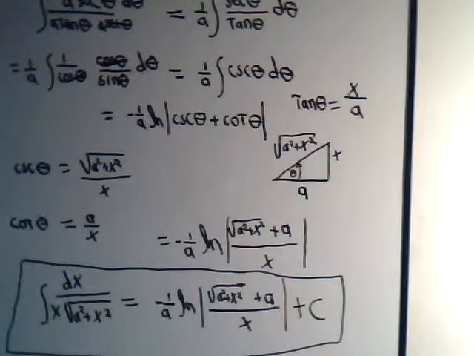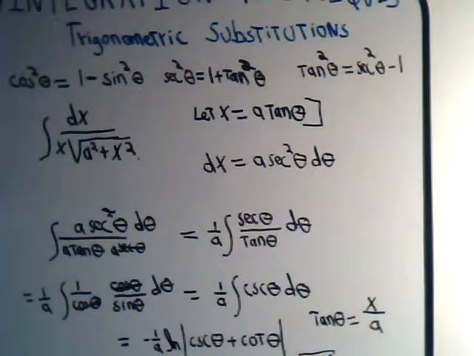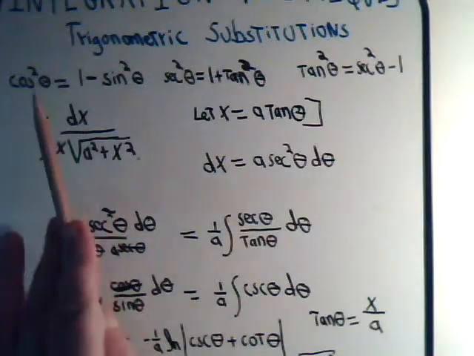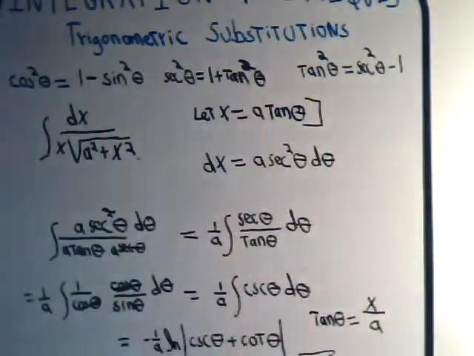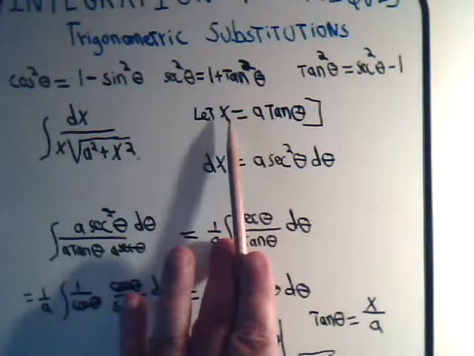And that's our answer. So, again, what we do is we look at the original integral and ask ourselves, which of these identities applies? This one, that determines how we're going to do our substitution.